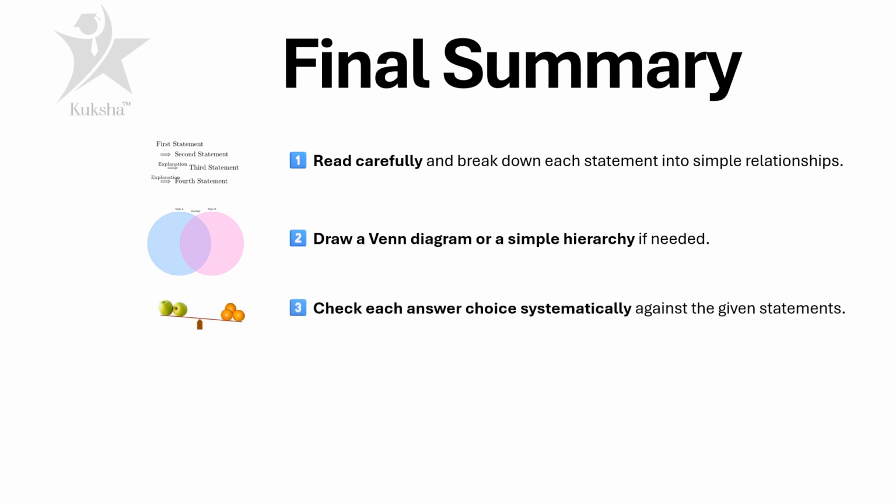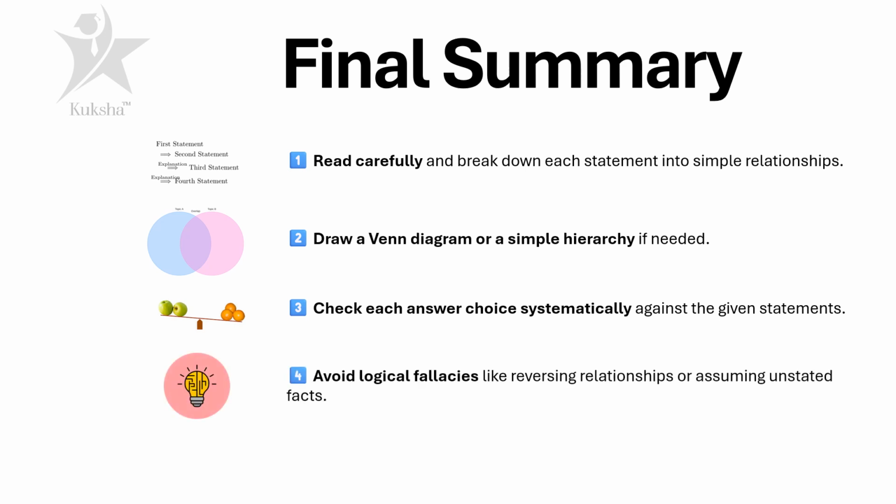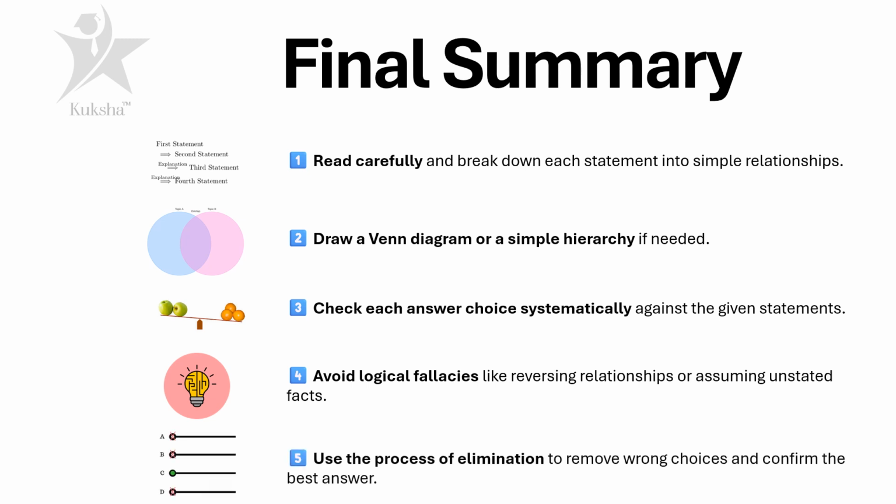Number three, check each answer choice systematically against the given information. Use process of elimination. Avoid logical fallacies like reversing relationships or assuming unstated facts. And the last, process of elimination. This is the best technique that you can use to remove wrong choices and confirm the best answer.